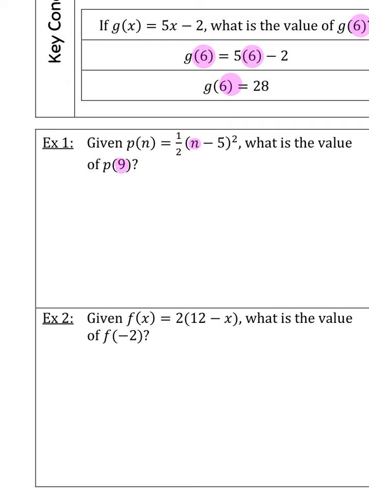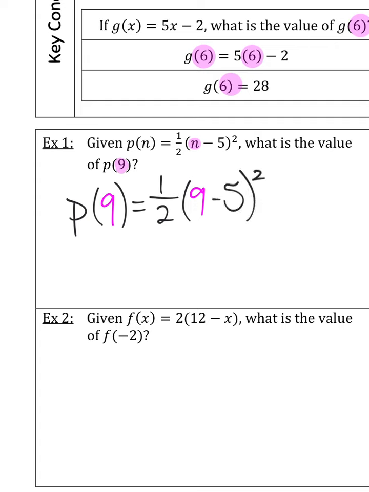P of 9, because I'm replacing that n with a 9, equals 1/2 times 9 minus 5 raised to the second power.